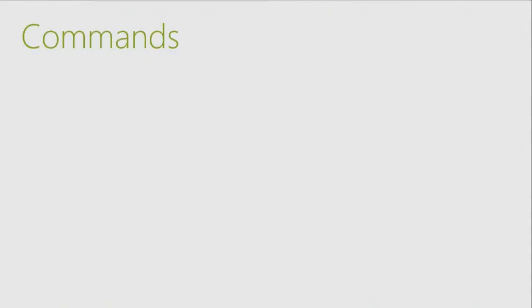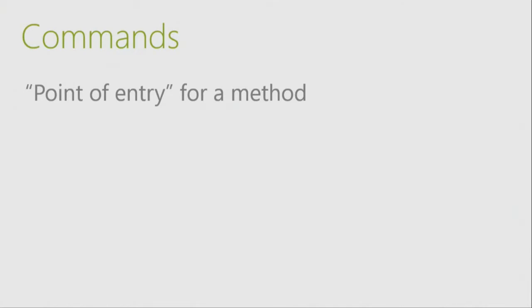Okay, so commands, I mentioned those. I want to underline a little bit what they do. There is an interface called the ICommand interface. When you expose a command, it's a little bit like saying, I have a functionality and I have a point of entry for that, which is a command. Why do you want to expose that as a property? Mostly because you are going to use data binding.